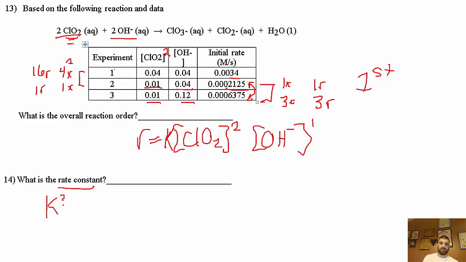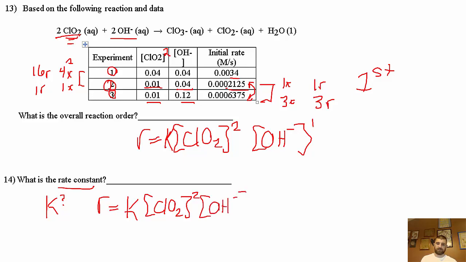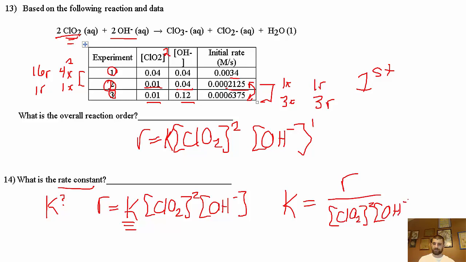So you just pick one of these trials, one of these experiments, and plug in your data. I'm just going to go with the first one. So I know my rate law is R equals K ClO2 squared, OH minus to the 1, and I want to solve for K. So I do a little algebra, I rearrange some things, and I get K equals R divided by ClO2 squared times OH minus.